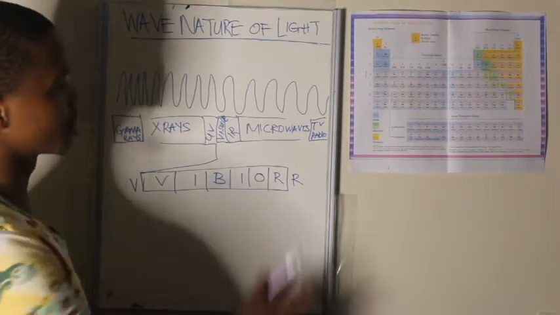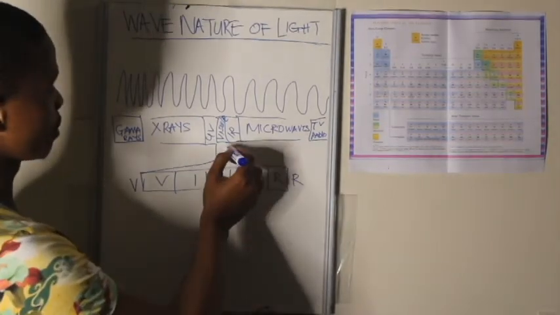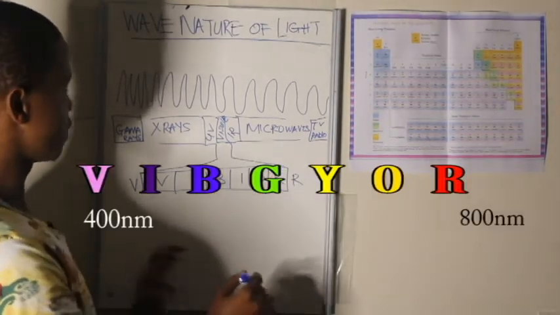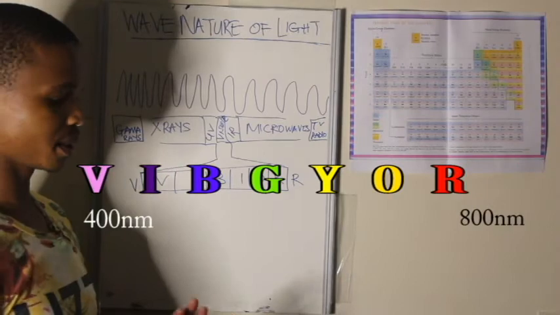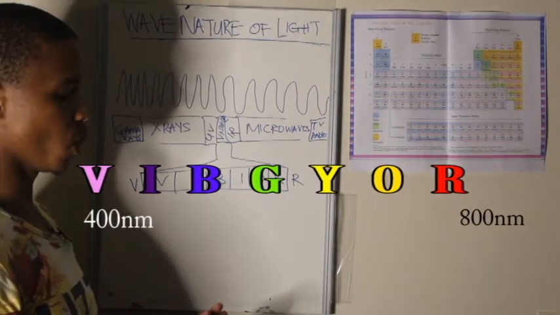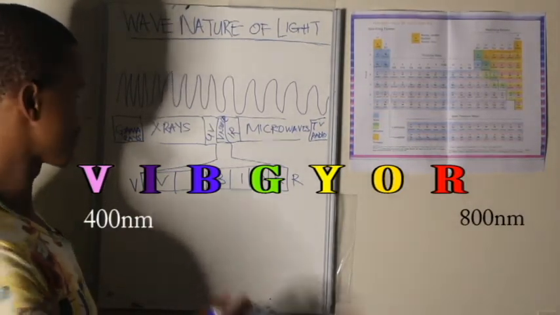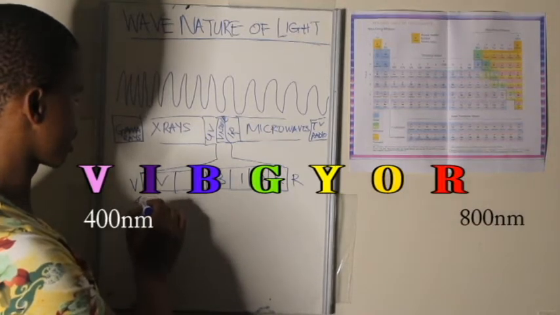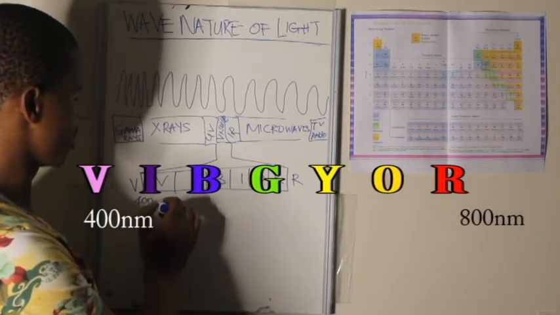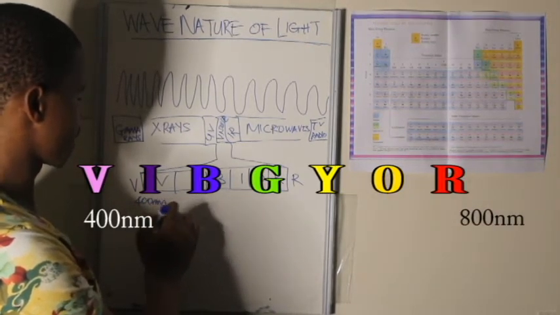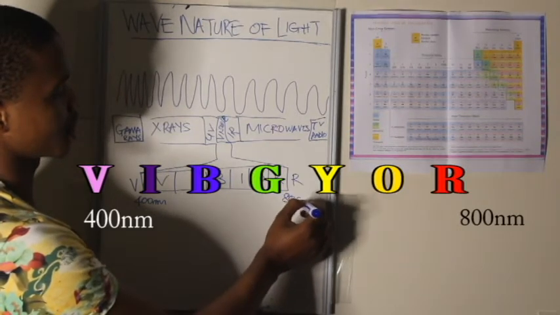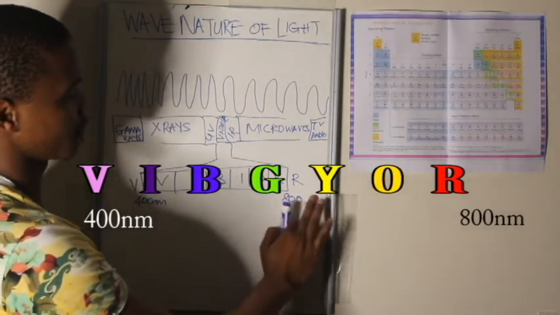So you find that visible light would be somewhere between 400 nanometers and 800 nanometers.